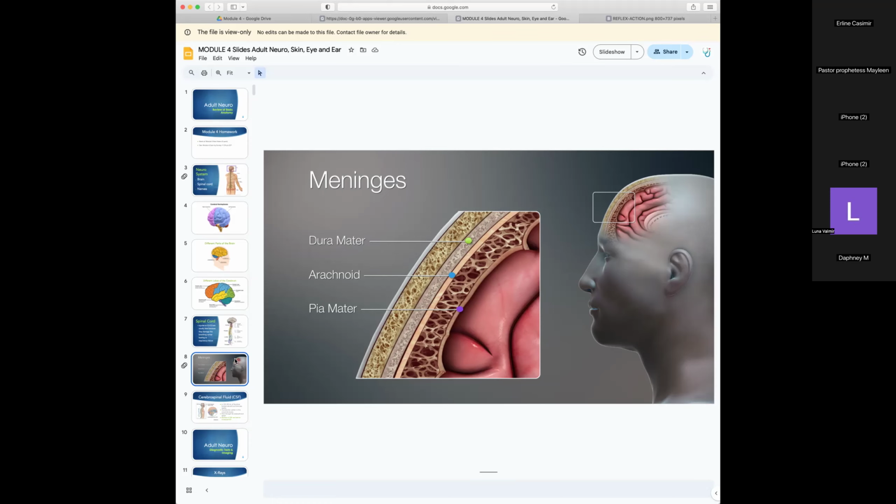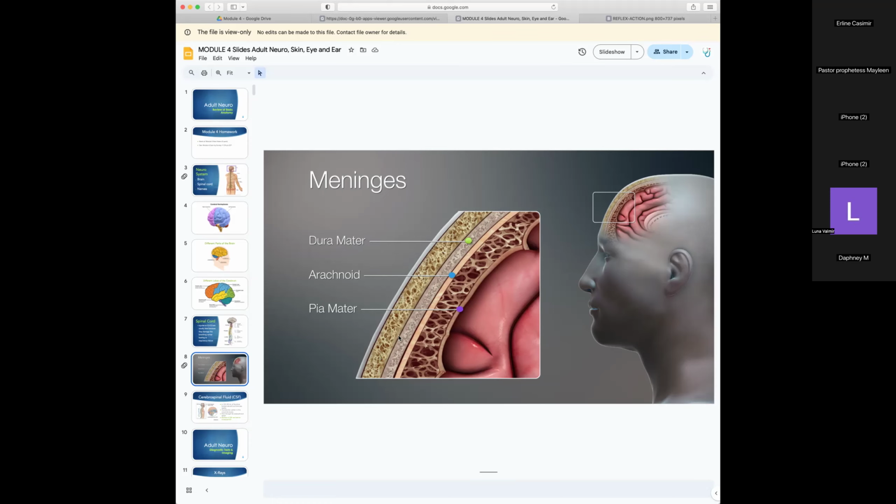Okay, but a lot would have to happen for someone to get a brain injury or spinal cord injury. So protecting the brain, first off, you have the skin. You have hair too. Then you have the skull. The other name for the skull is the cranium. Then you have periosteum, which is on top of the skull.